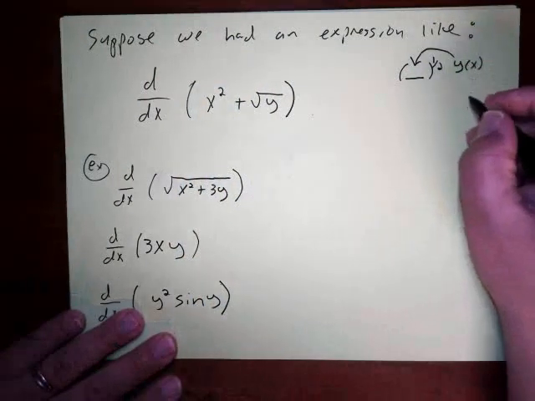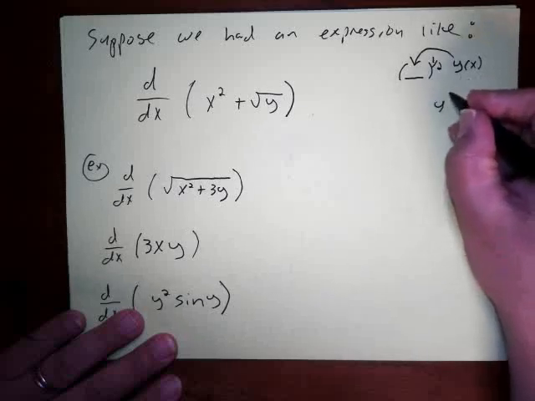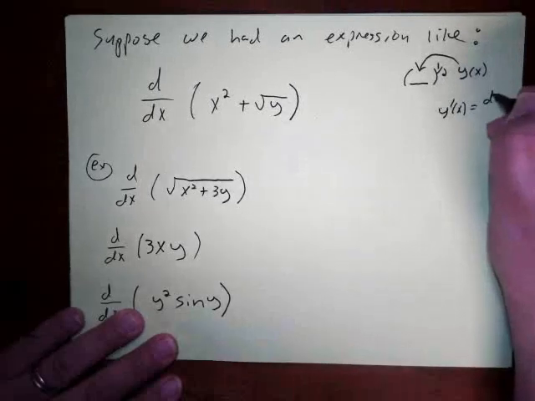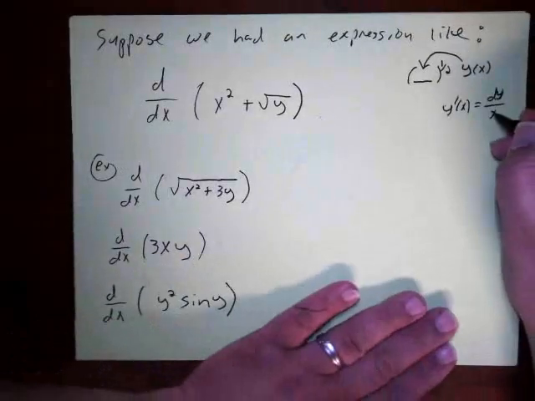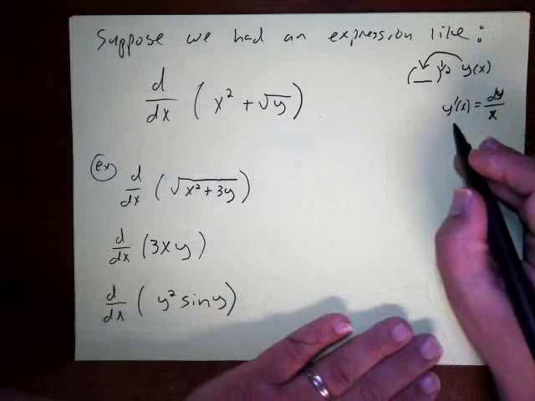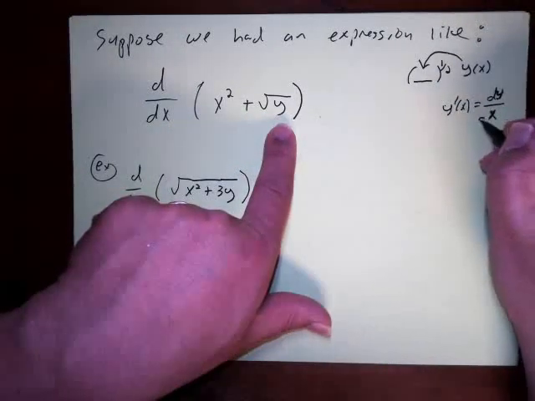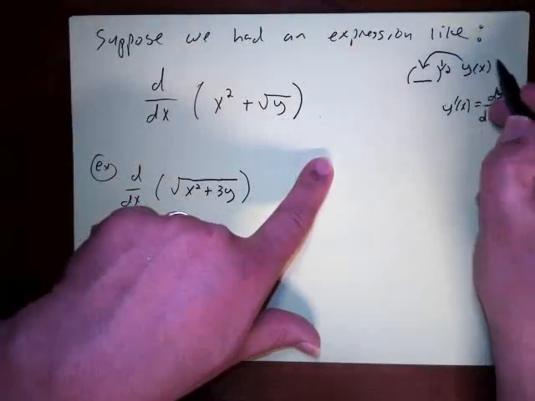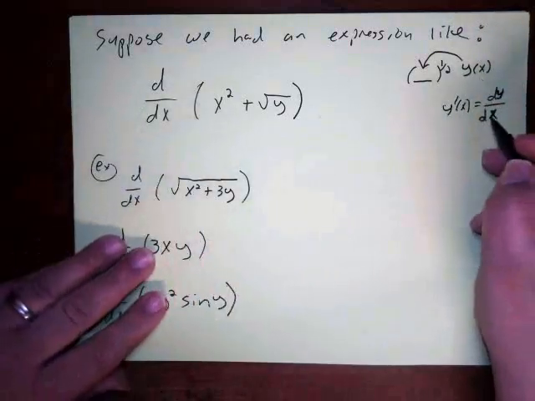Notice that y prime of x, we could rewrite as dy dx. So the derivative of y is just dy dx. I'm not going to write it with the prime, I'm going to use this kind of notation.